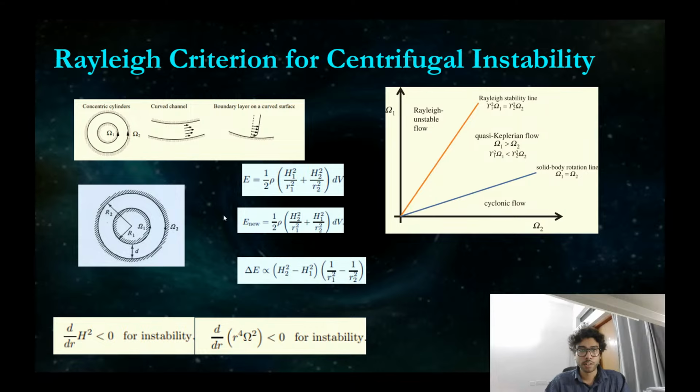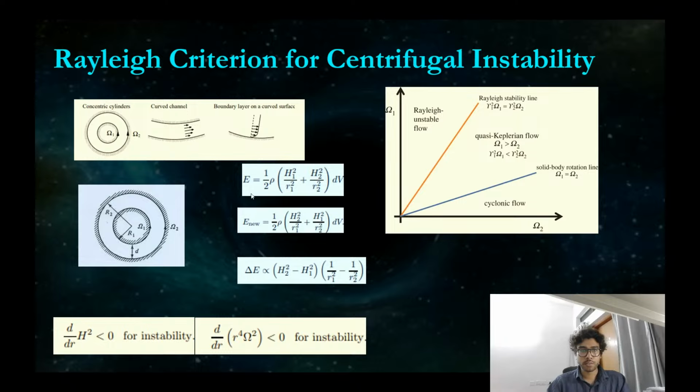So if the new configuration is lower energy, the system will always try to interchange. It will not want to have this differential rotation because it is trying to interchange over here. On the other hand, if the initial configuration was stable, then we would say that the system wants to have differential rotation and go back to rotating at different omegas. So that will be a condition for stability.